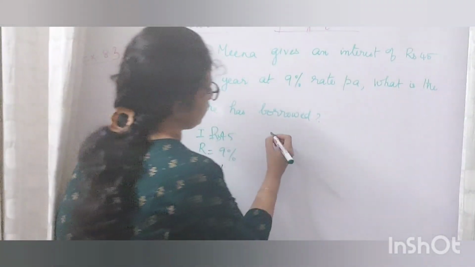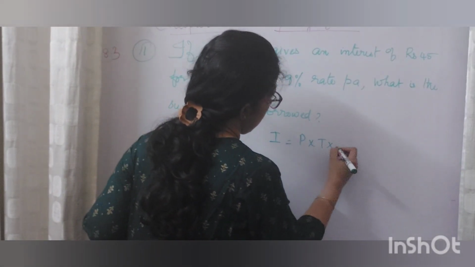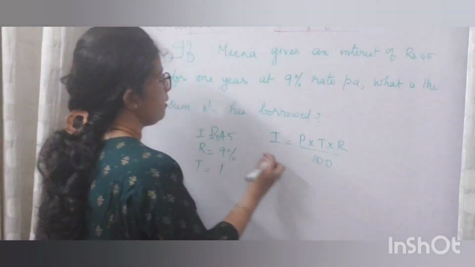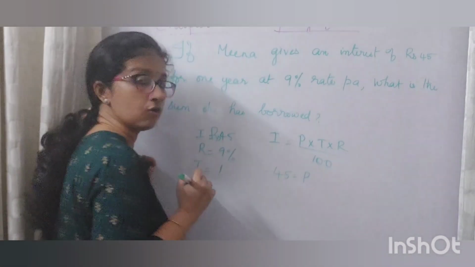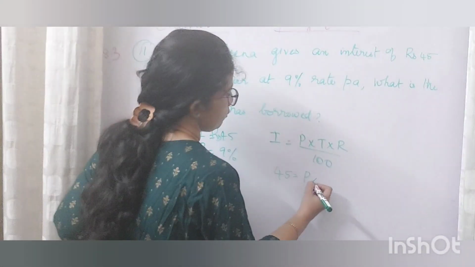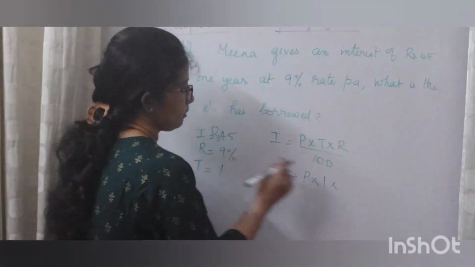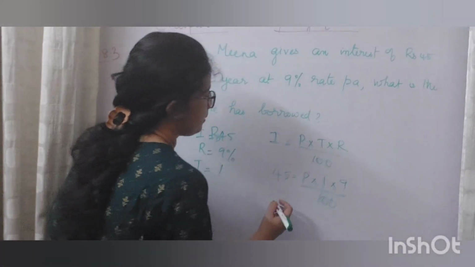Okay, so we have the formula interest is equal to P into T into R by 100. So what is the interest here? 45 is equal to P, we have to find. Okay, principal we have to find. Into T is 1 year. Into R is what? 9 percentage, 9 by 100. So how will we find P here?